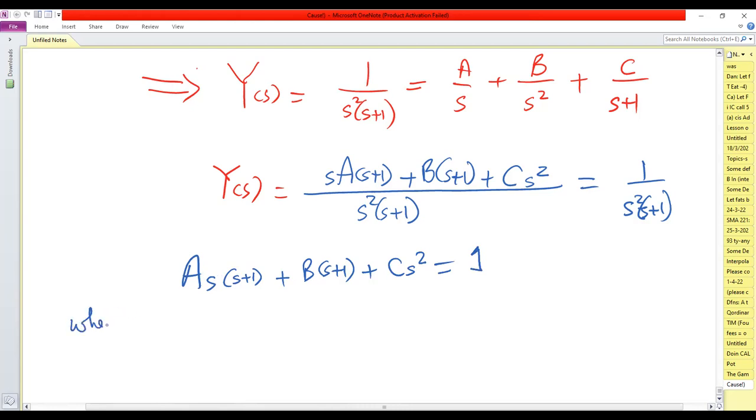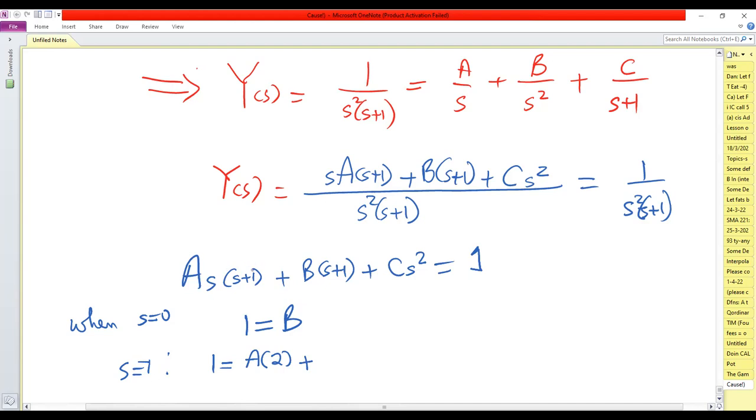So when s is 0, then we'll have 1 equals to B. So the value of B is 1. Now let's say s equals to -1.